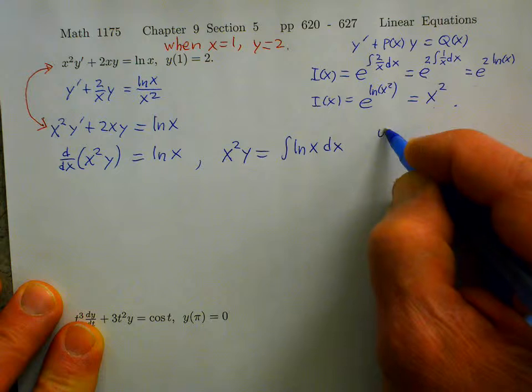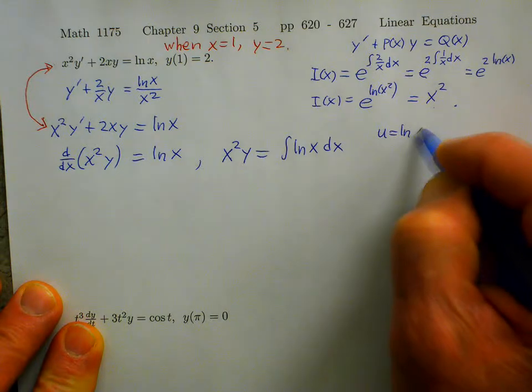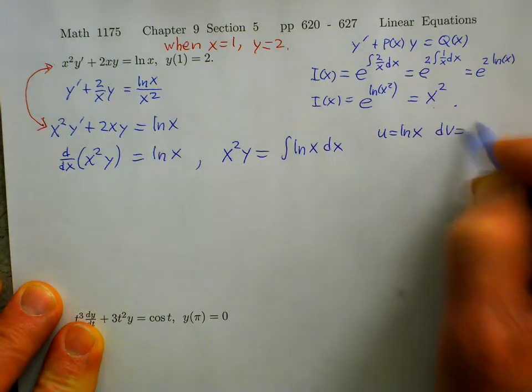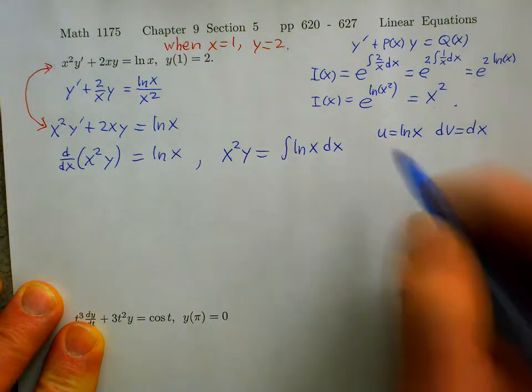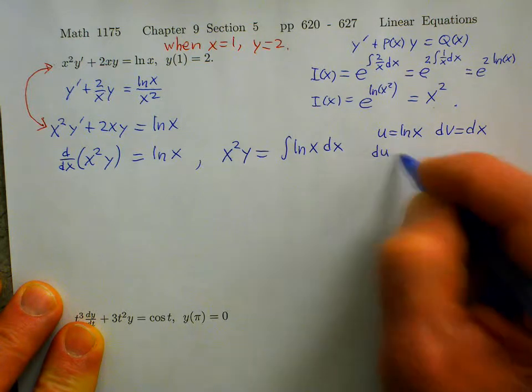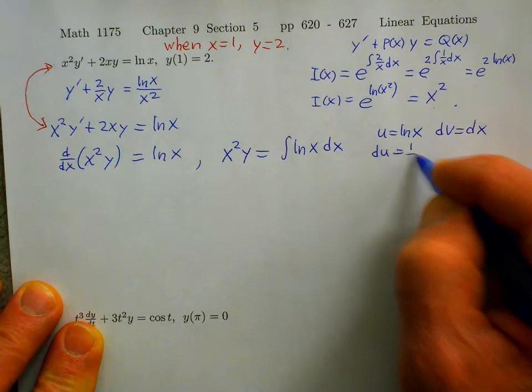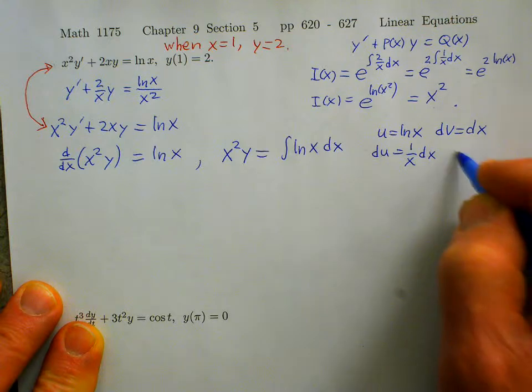If we assign u to be the natural log of x and dv to be dx, then du is 1 over x dx, and v is x.